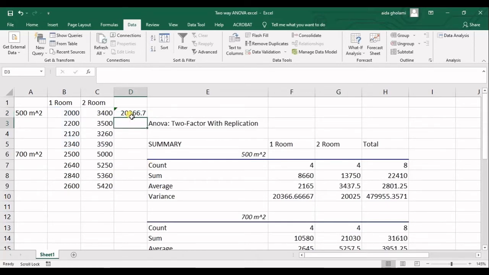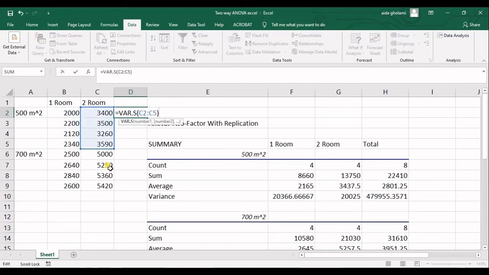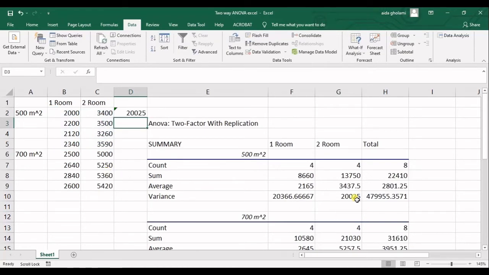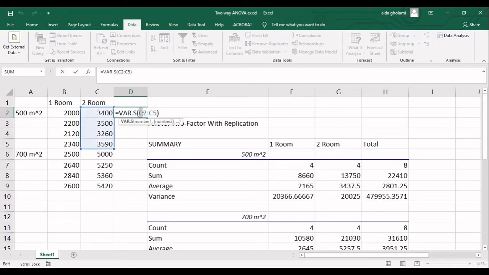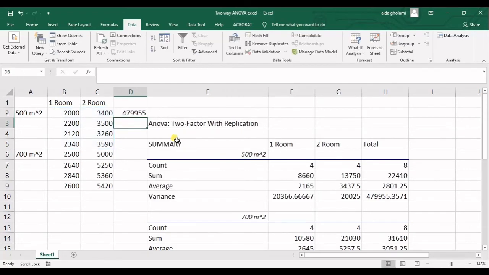So you can see this is the variance of sample for 500 1 room, and then again for 2 room. Then you have the total, which is the whole range.